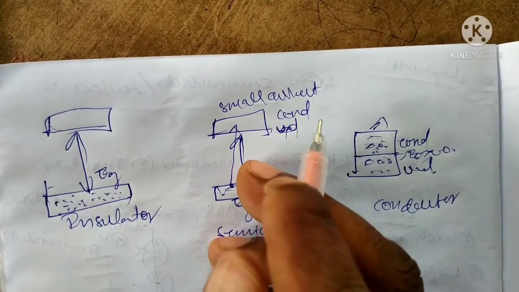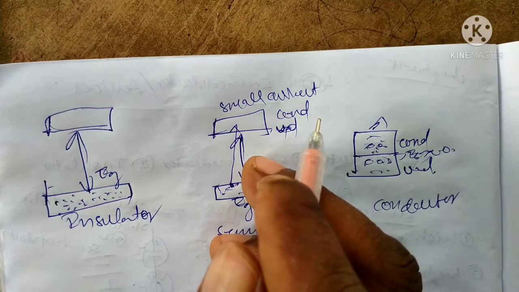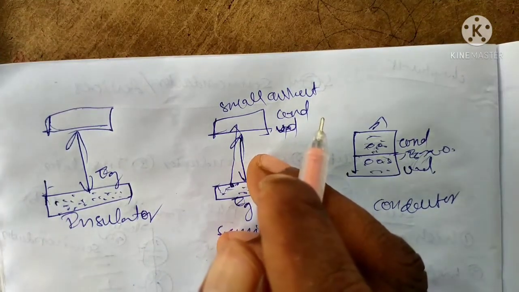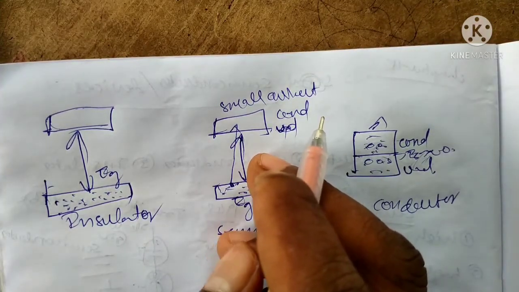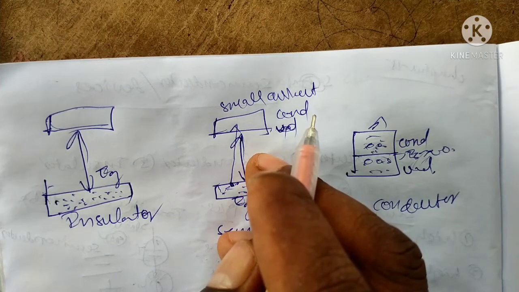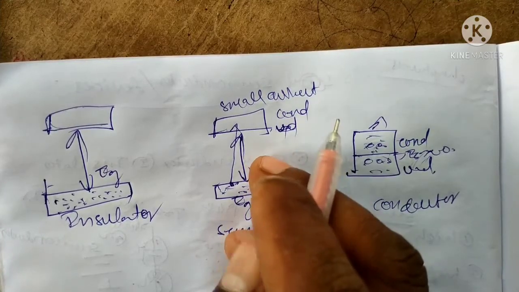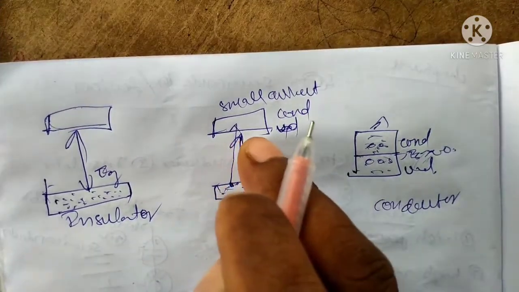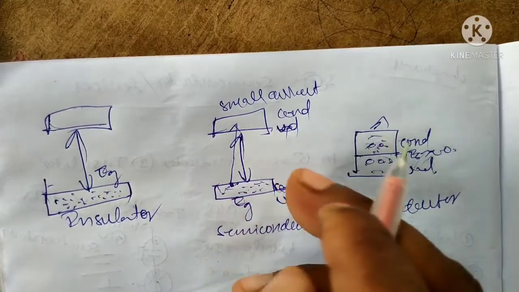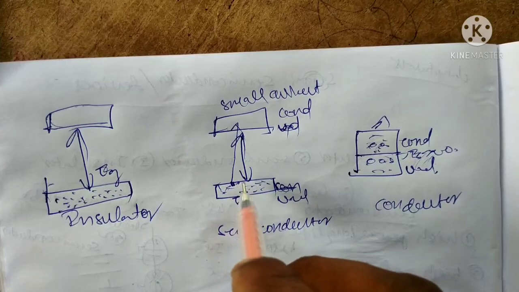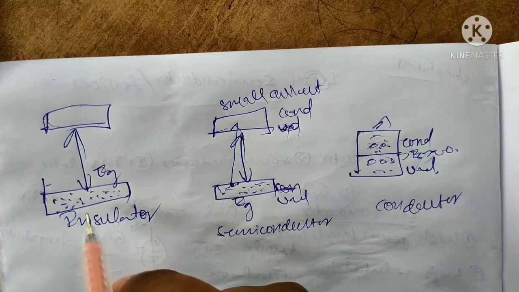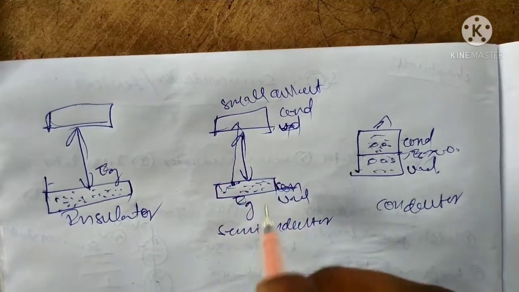Some materials exhibit a small current, or a partial flow of electrons. This type of material is called a semiconductor, a material that exhibits a small current. Also, some materials have electrical properties in between conductors and insulators, and these are also called semiconductors.